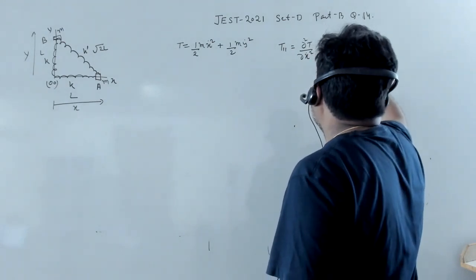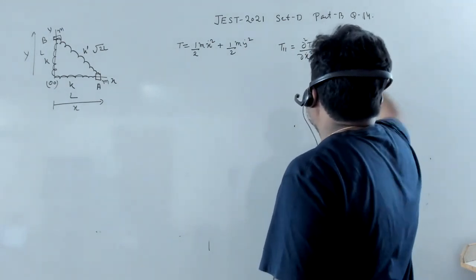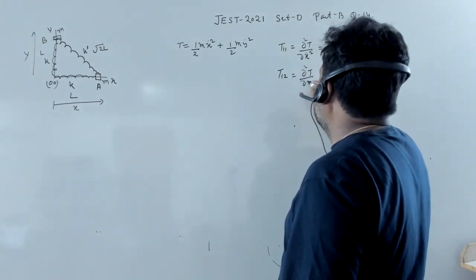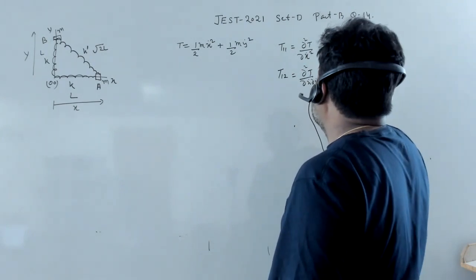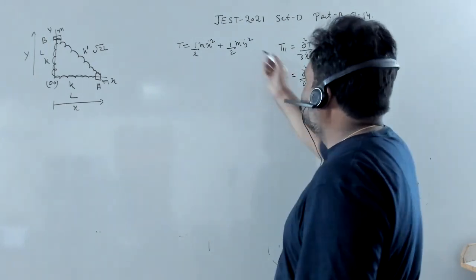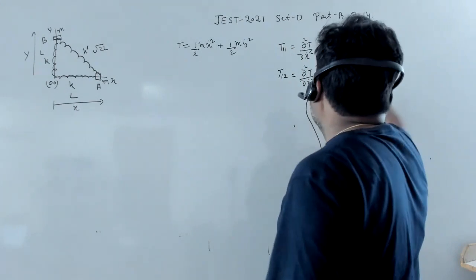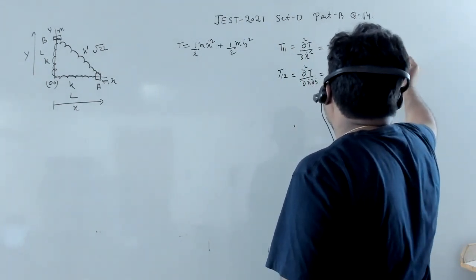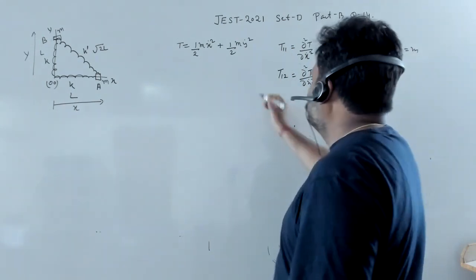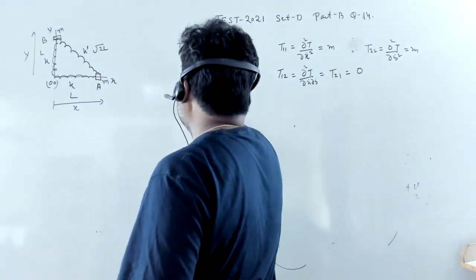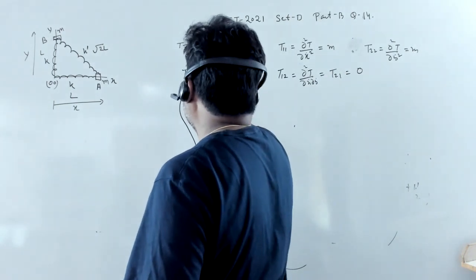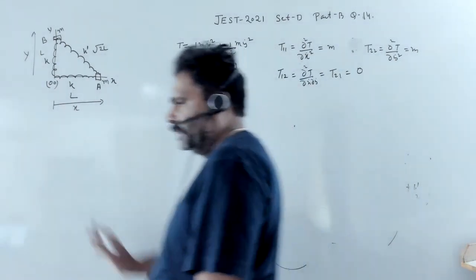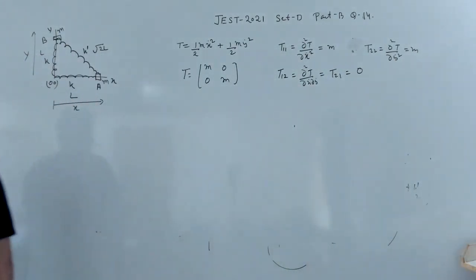Similarly, T12 is del square T, del x dot, del y dot, and this is also T21. This is 0 because there is no mixed term, and there is the term T22, del square T upon del y dot square, that is m. So we have found the kinetic energy matrix, and this is a diagonal matrix, and the diagonal term is obviously the mass of the particle. So it's very trivial, we can easily calculate it.